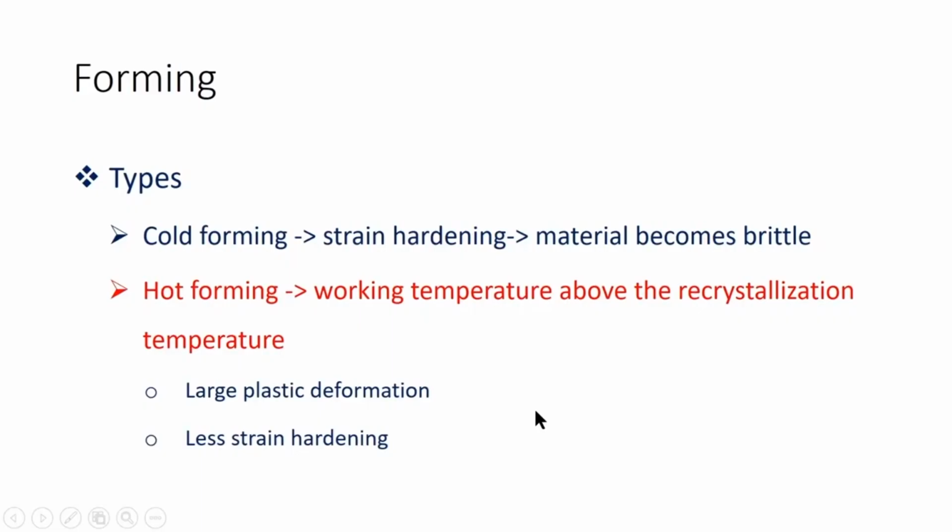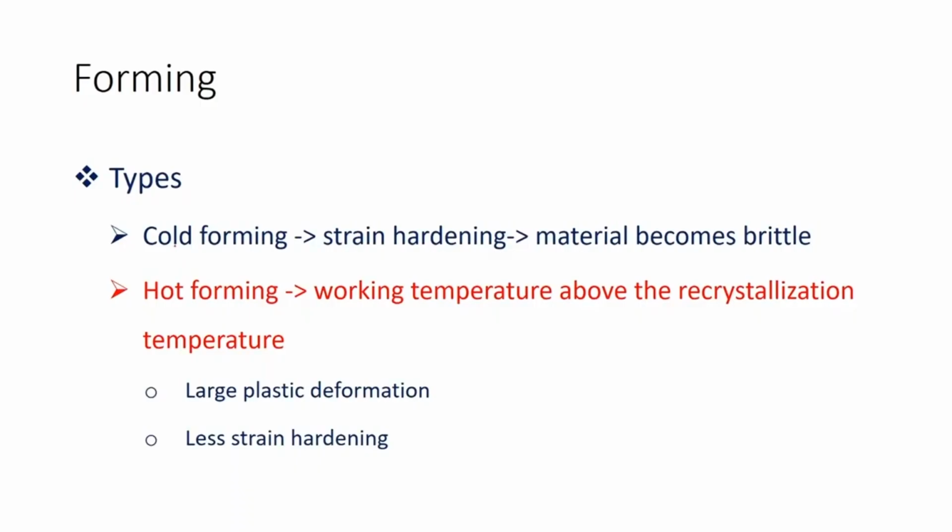There are basically two categories of forming processes, based upon the application of temperature, the application of heat energy during the process. The first category is the cold forming process. This forming process occurs at room temperature.